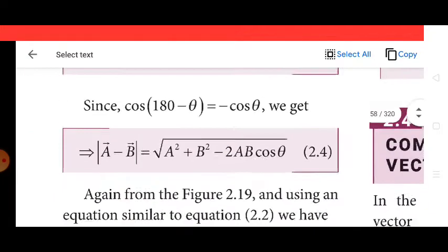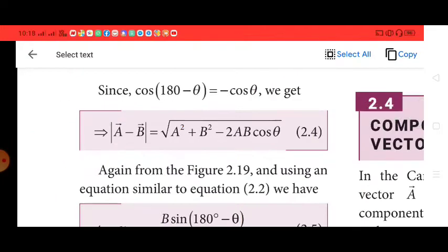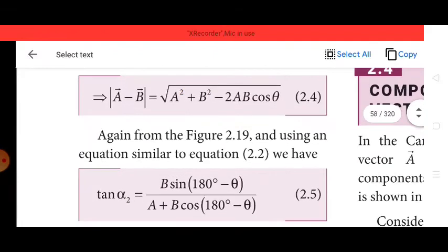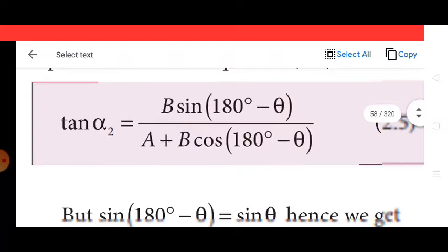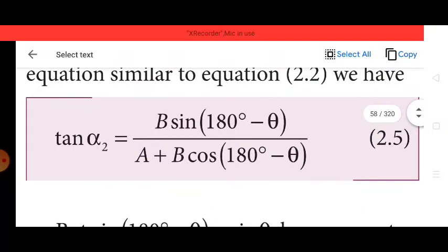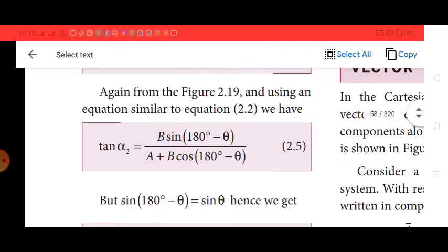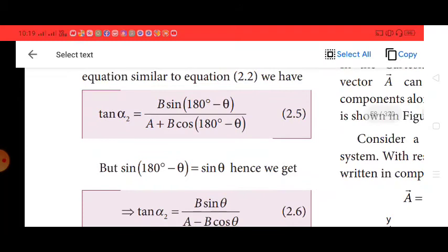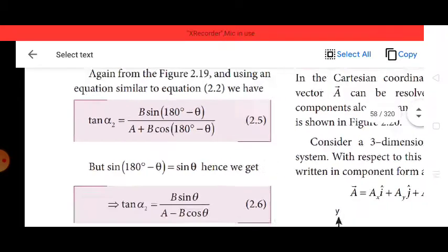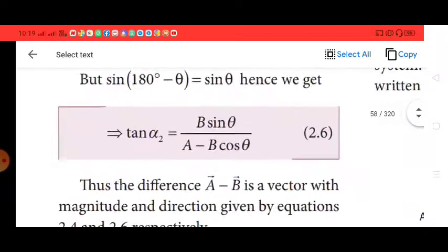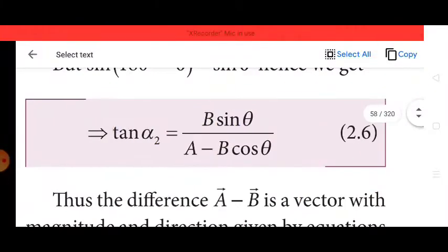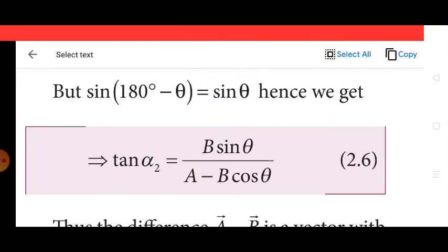2AB cos theta. Again from diagram 2.19, using an equation similar to equation 2.2, we have tan alpha equals B sin (180 minus theta) by A plus B cos (180 minus theta). We know very well sin (180 minus theta) is sin theta, hence we get tan alpha equals B sin theta by A minus B cos theta.